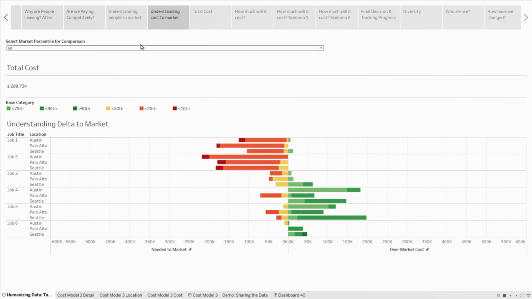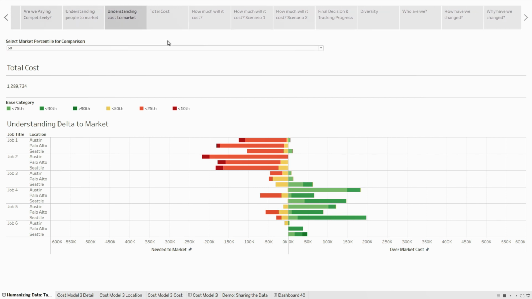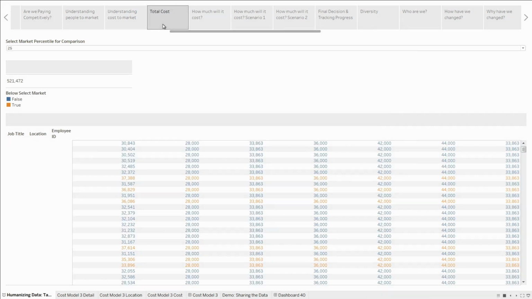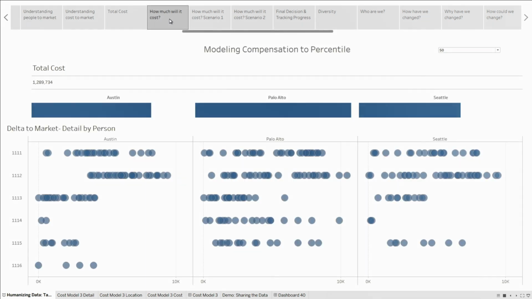So from here, the next step was, okay, well, this is great. This provides that high-level view, but what does this equate to on a per-person basis? So we broke this down at the employee level, and this is a standard cross-tab here, and a lot of times those next steps are done in Excel or done in lists of people, but we took this view and we made it more visually appealing, where we built out a dashboard that looks like this, which is how much will it cost.